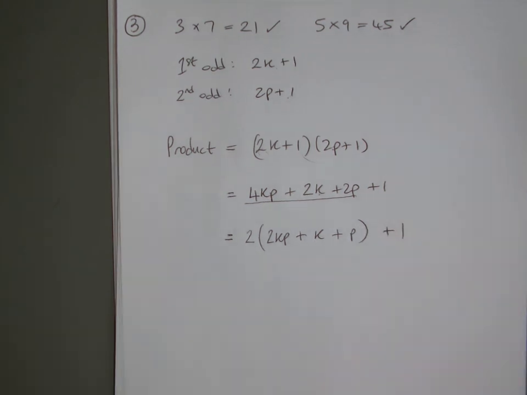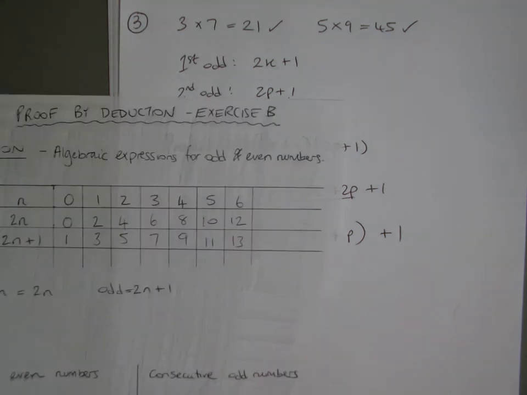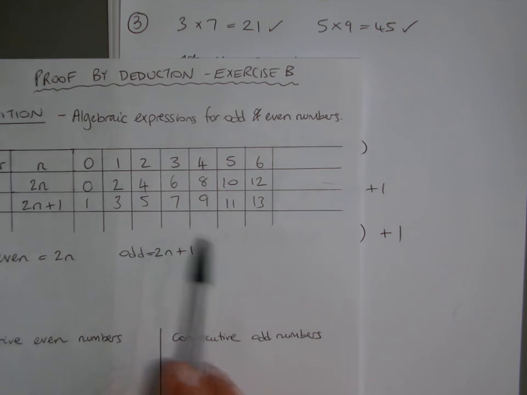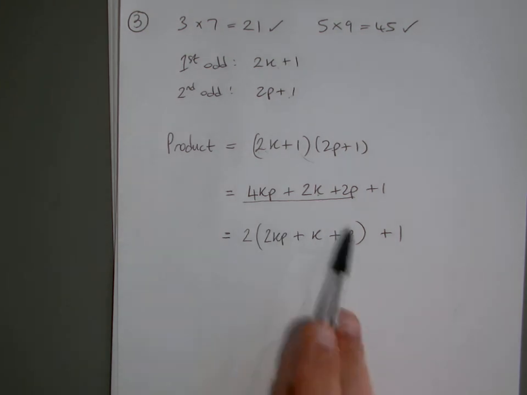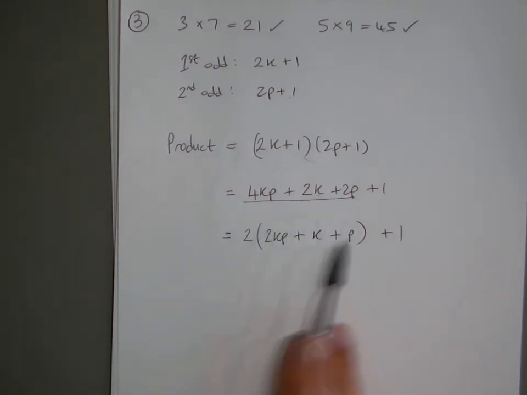And what I want you to notice is that this setup here is similar, in fact identical, to our understanding of odd numbers. So if you go back to what we did at the start, odd numbers are of this form here, 2n plus 1. Well, if you think of that as just a number, because it will be a number, that would work out to be some sort of number.